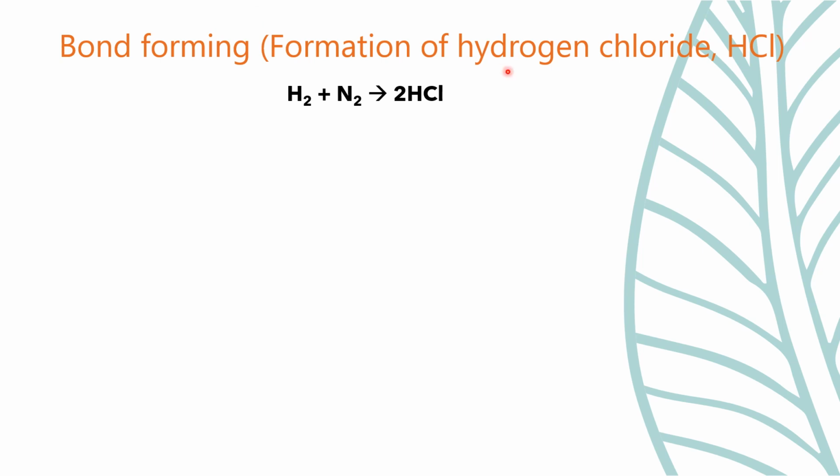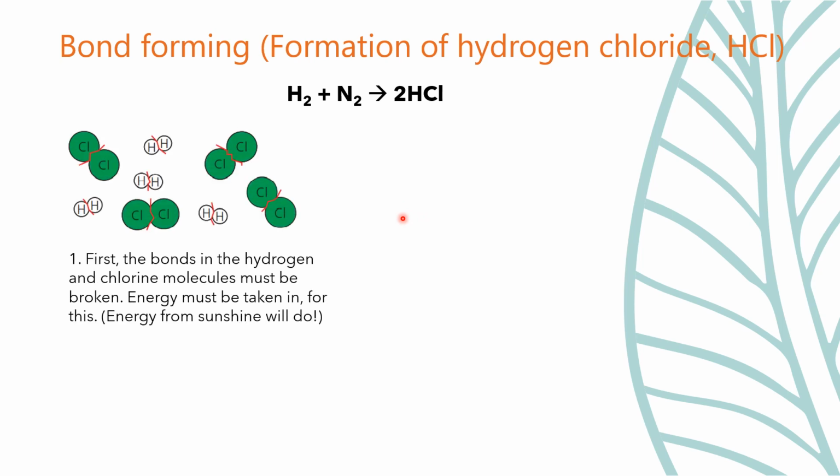Negative for exothermic. Therefore, exothermic reaction has a negative delta H value. Okay, bond forming of hydrogen chloride. Reaction between hydrogen. Sorry, ini bukan nitrogen, typo, sepatutnya chlorine Cl2. Hydrogen reacts with Cl2 to produce hydrogen chloride. Okay, what happened here?